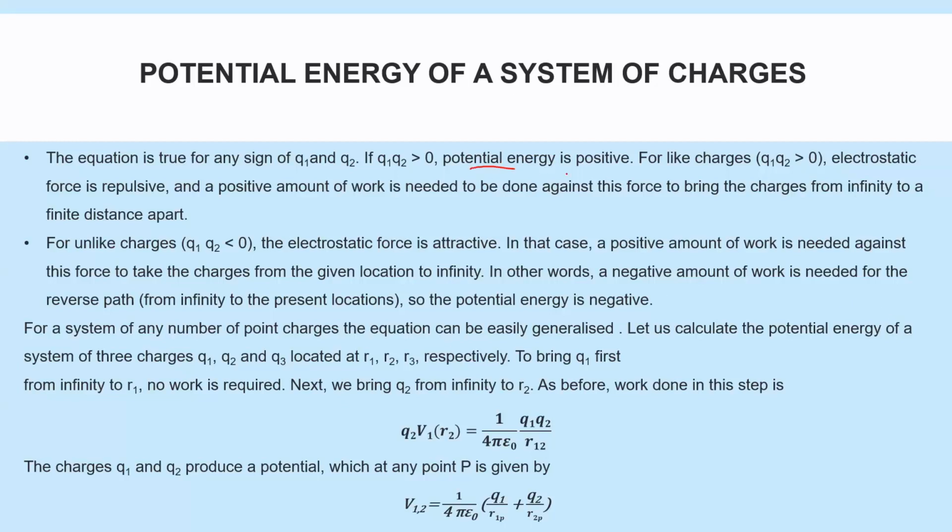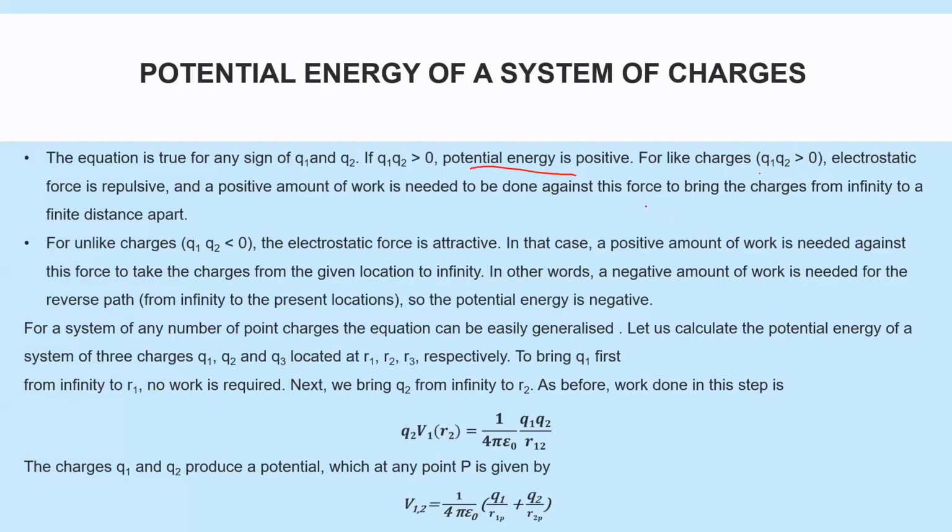If you have like charges, the product could be more than 0 if both of them are positive, but the electrostatic force is repulsive, and that is why you need a positive amount of work to work against the electrostatic force to bring the charges from infinity to a finite distance apart. Whether it's plus plus or minus minus, when you take the product form, it is going to be more than 0.